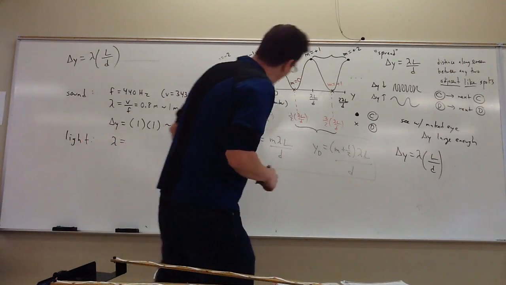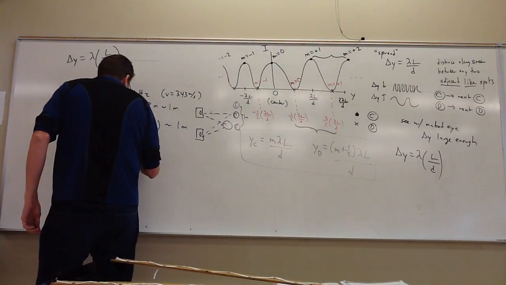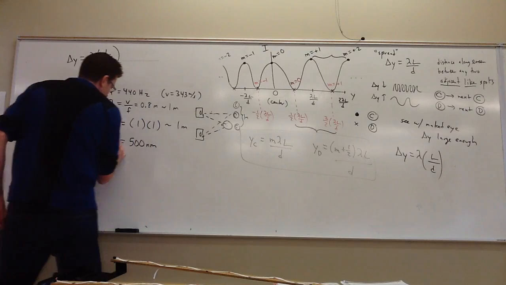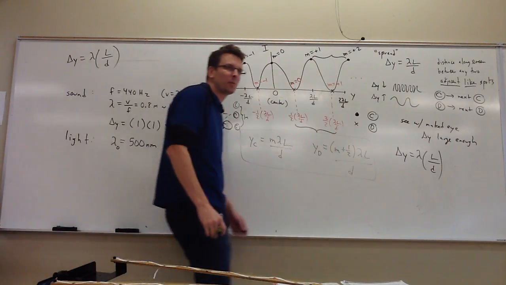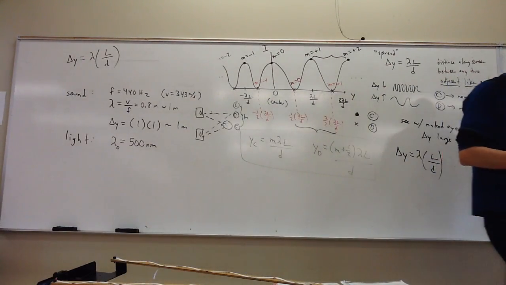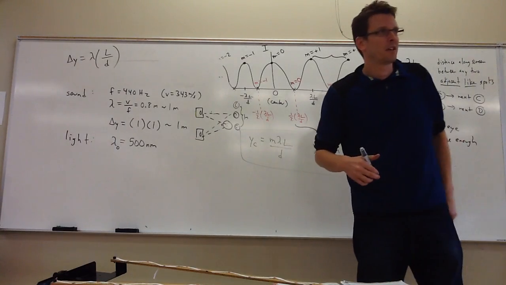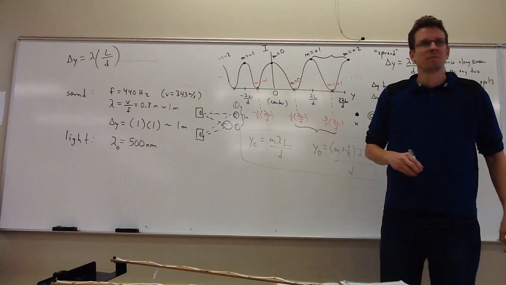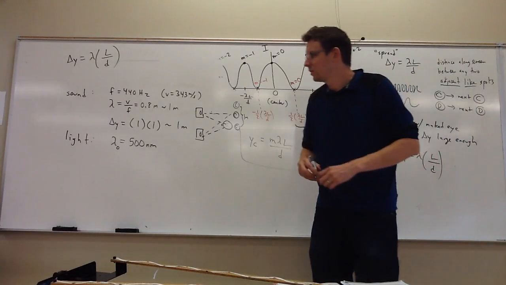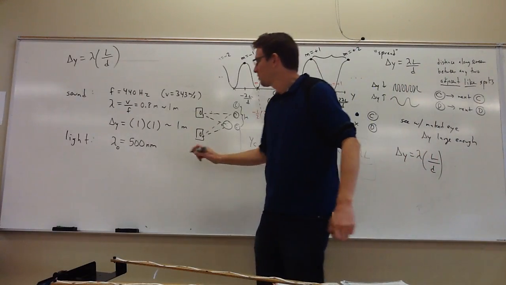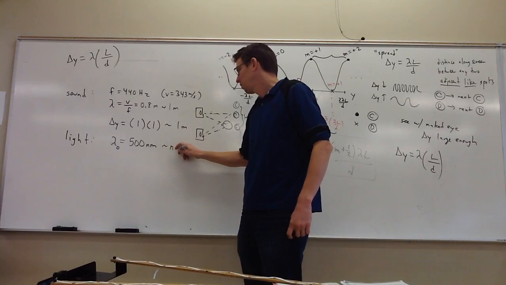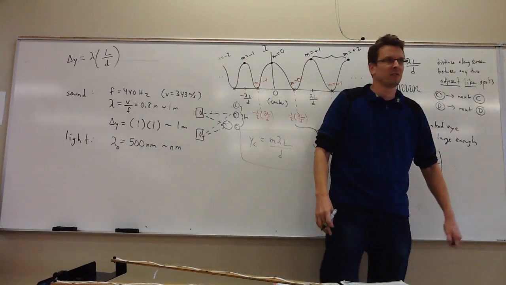Let's take a wavelength of 500 nanometers. So that's a vacuum wavelength, pretty much the same in air. That's somewhere right in the middle of the vacuum wavelengths for visible light, right? 400 to 700 nanometers. Incredibly small. So if we're just talking close enough, we're talking on the order of nanometers, right?